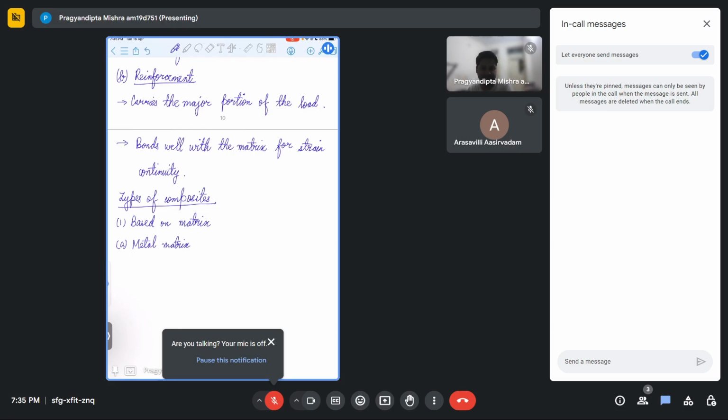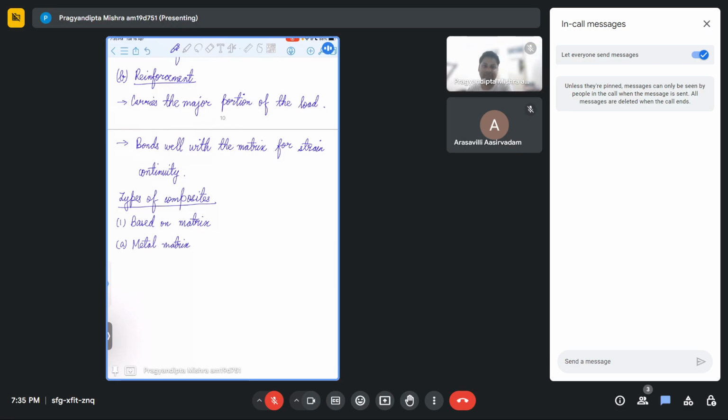The advantage we already have is that it has good strength. It also has a high density value. But the disadvantage is that metal by itself is very, very heavy, right? Metals are usually not lightweight. So essentially you want to improve the specific strength. So you would want to improve the E value, or E by rho value. So that is why you will use a metal matrix and something else within the metal.